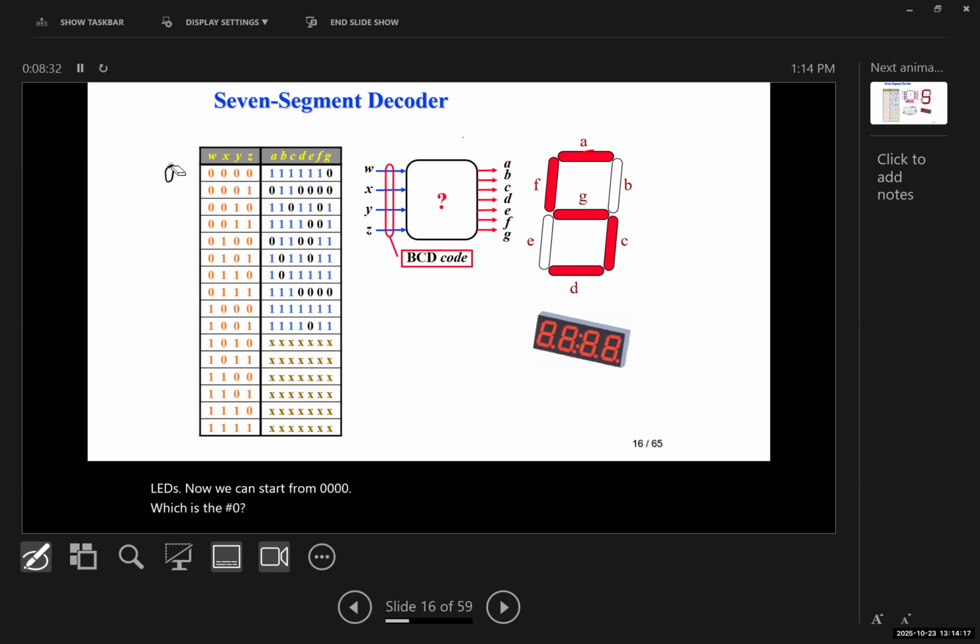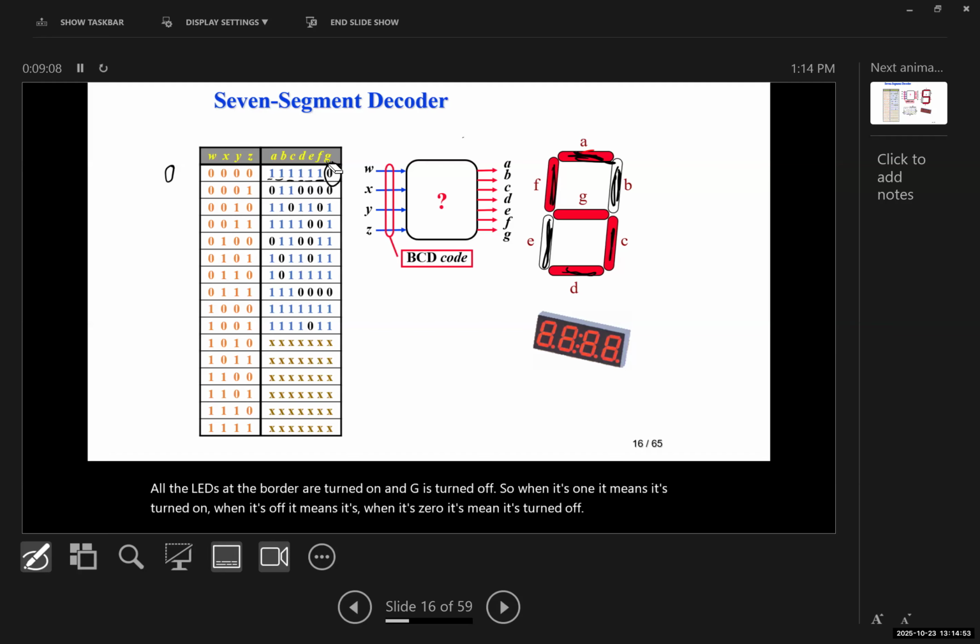If I want to show number 0, which ones should I turn on? I need A, B, C, D, E, and F. You can see on the table that all the LEDs on the border are turned on, and G is turned off. So when it's 1, it means it's turned on. When it's 0, it means it's turned off.